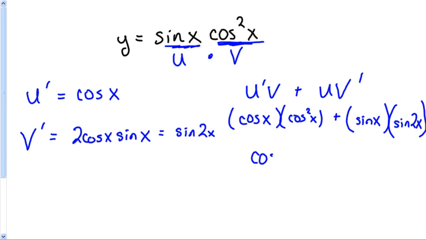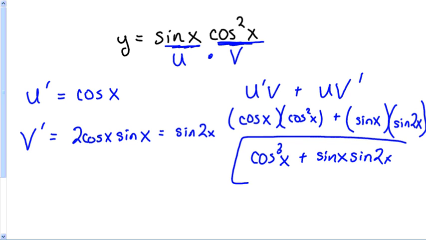I'm going to call this cosine cubed x plus sine x sine 2x. And if you're looking at this, trying to see if this simplifies, nah, just strap my answer around this. Because that's sine of x and that one's sine of 2x, it's not the same thing. They're not the same value, so I can't just multiply them together. So that's going to be my answer.